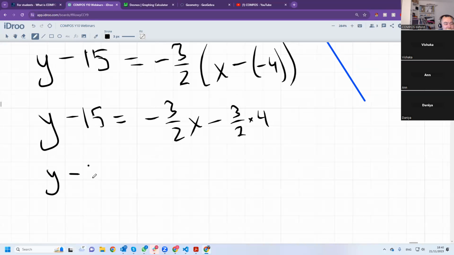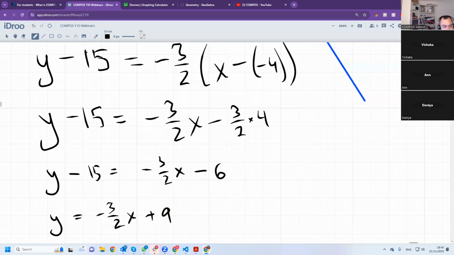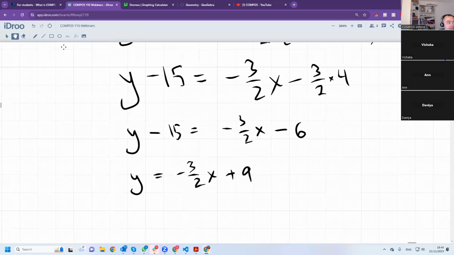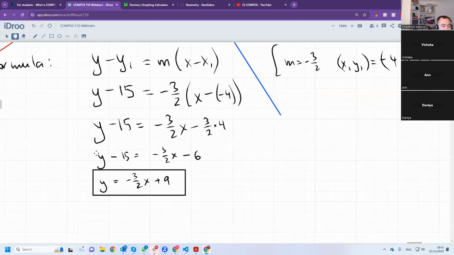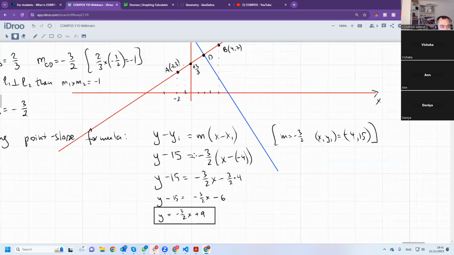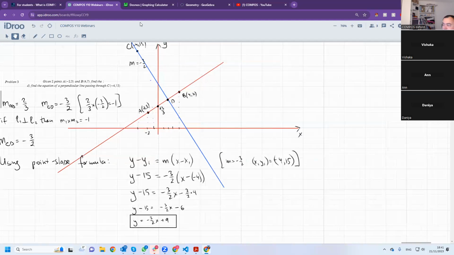Okay, so y minus 15 is equal to minus 3/2 x minus 6. And then y equals minus 3/2 x plus 9. And that's the equation of the line.